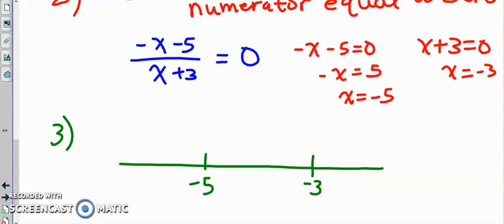All right, and we're going to try numbers on here so that we can make sure that we have what we need. And again, we're going to go back to what we just did in step 2, and we're going to put the numbers into that. So we're going to try, let's say, -6 here, because we're going from -infinity to -5. And then from -5 to -3, we're doing -4.